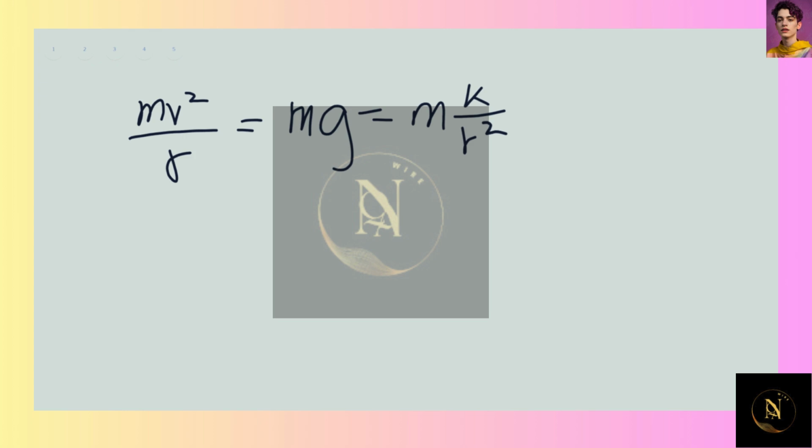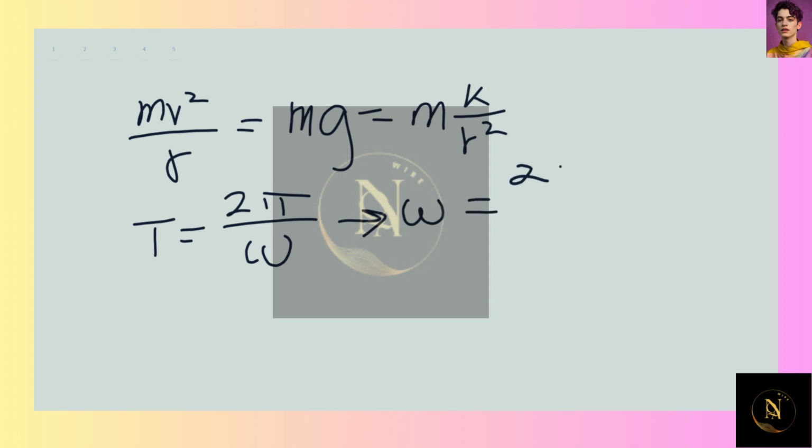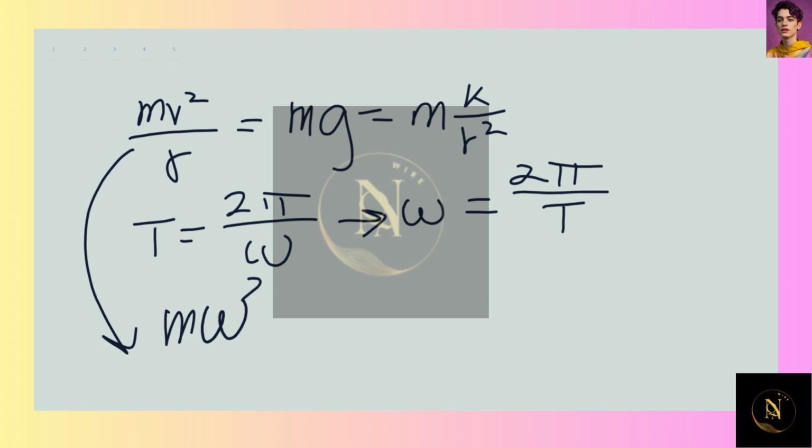All right, now from here, we can rewrite our centripetal force so that we have it in terms of T, our given quantity, since we're not given a velocity. We know that T is equal to 2 pi over omega, which we can rearrange. And since we know that v is omega r, we can rewrite our quantity up here as m omega squared r and set that equal to m k over r squared.